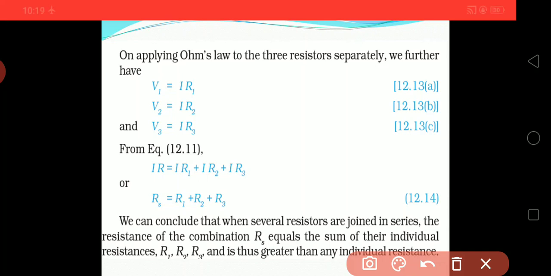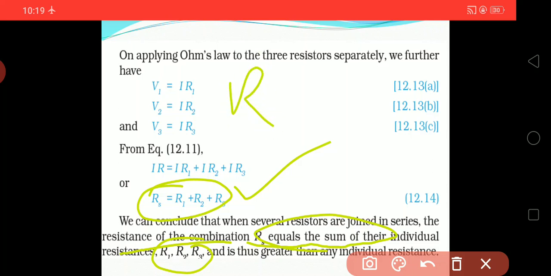In the same way, our total resistance will be R is equal to R1 plus R2 plus R3. So we can conclude that when several resistors are joined in series, the resistance of the combination R is equal to the sum of their individual resistances.